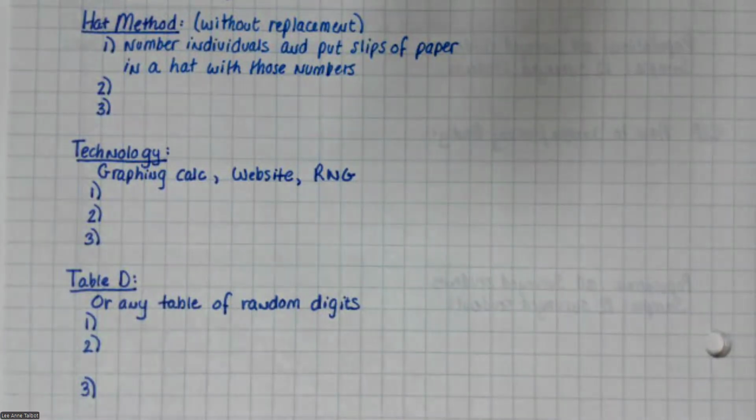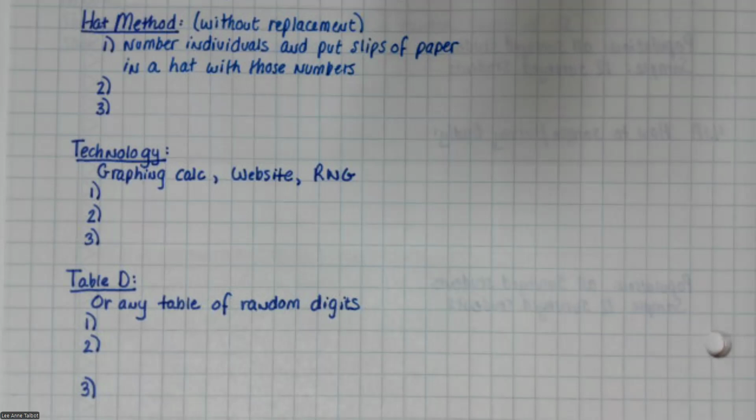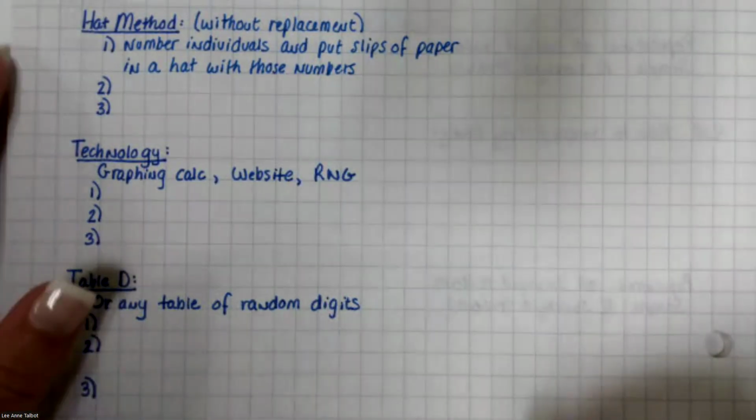Okay, I'm hoping that you're going to see a pattern here. In the hat method, the first thing you do is number the individuals, in our case the class period, and put slips of paper in a hat with those numbers. You could see why this would not be an attractive method if there were a lot to choose from, because I'm too lazy to make that many slips of paper.